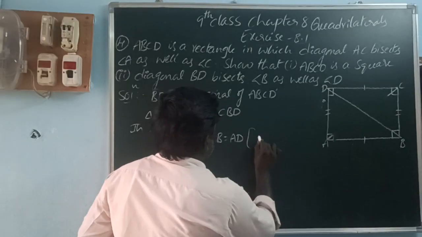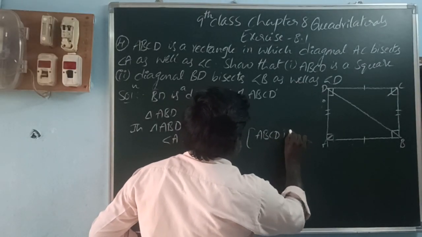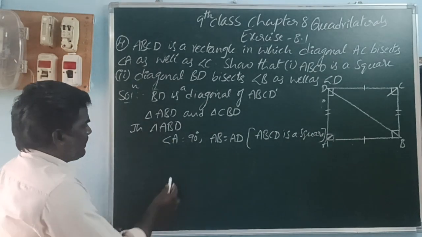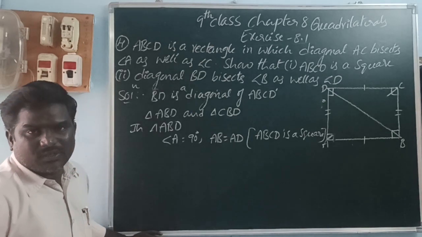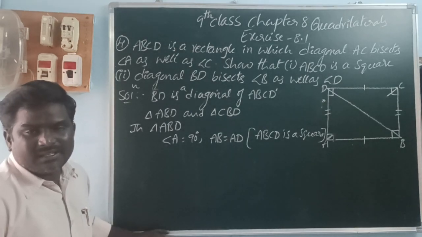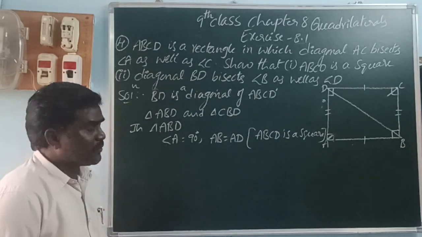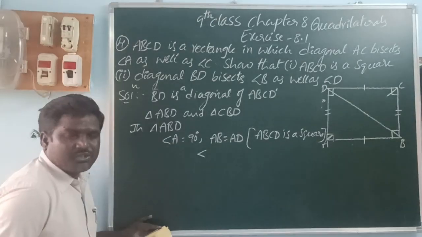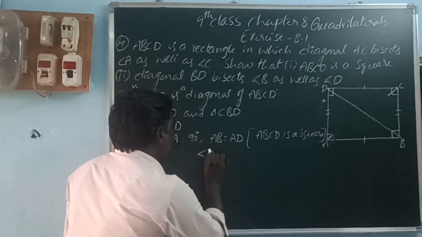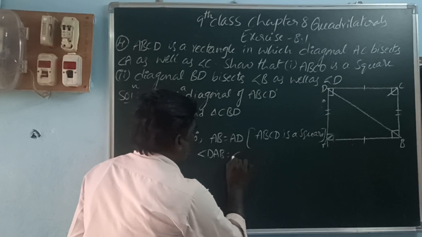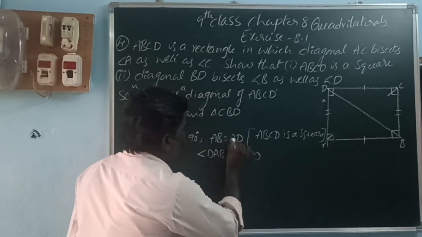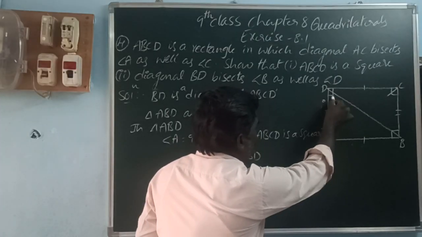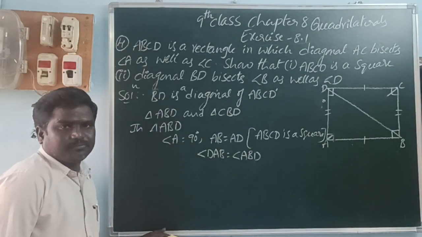Why? Because ABCD is a square, as proved in the first proof. So here, a right angle and any two sides are equal, so it is called a right isosceles triangle. When any two sides are equal, then their opposite angles are equal. So angle DAB is equal to angle ABD.